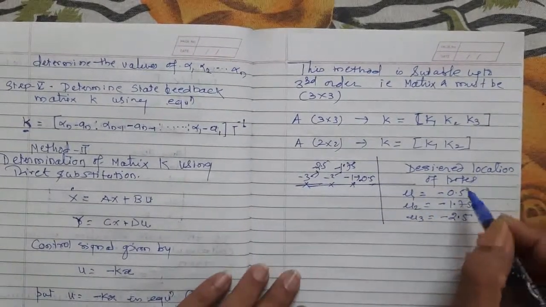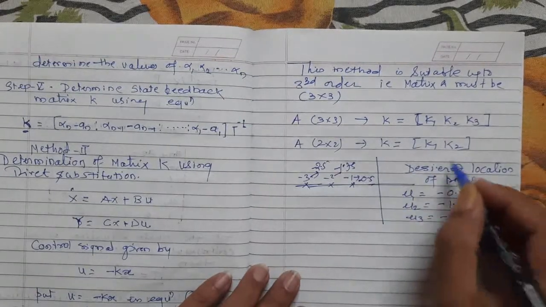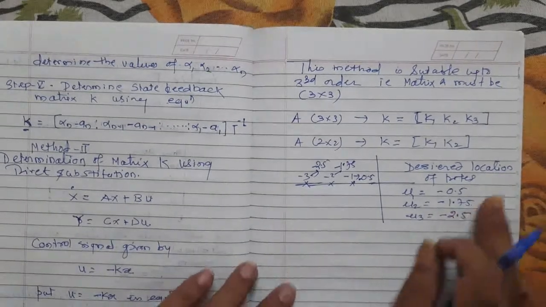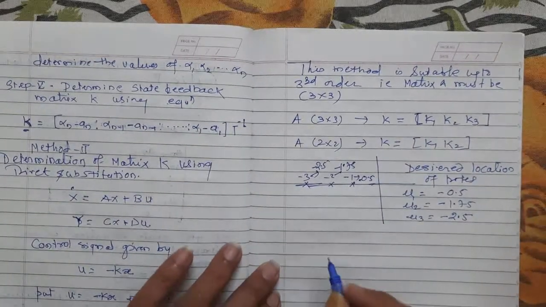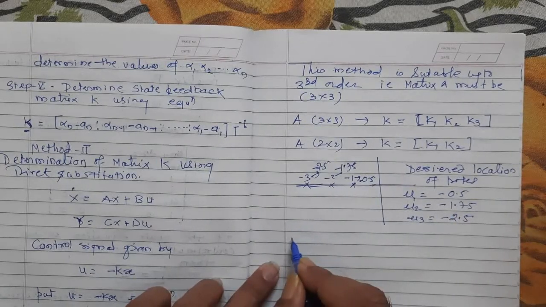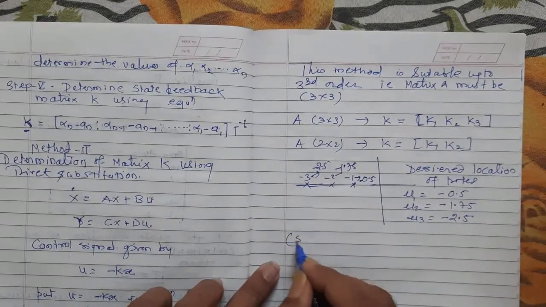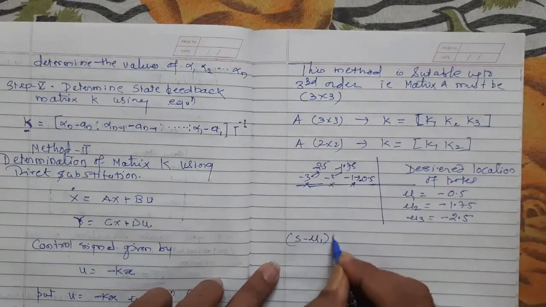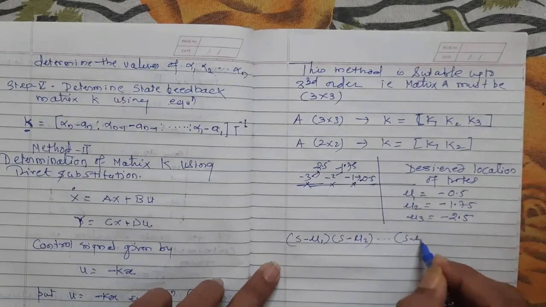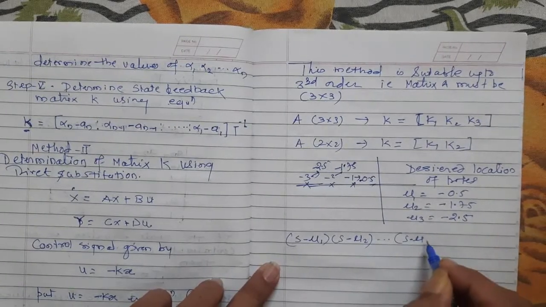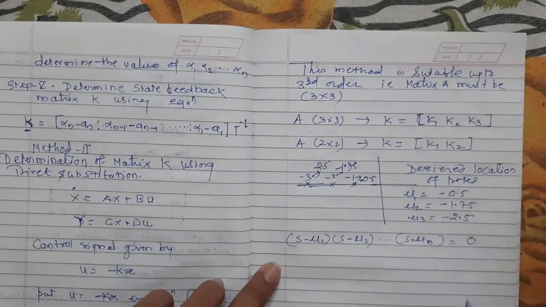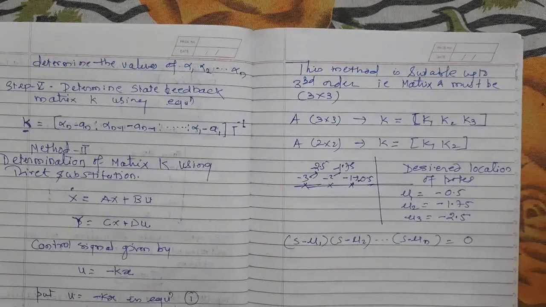Now see here, these are my desired poles. For these desired poles, I will have one polynomial, that is (s minus mu1)(s minus mu2) up to (s minus mu n) equals 0.